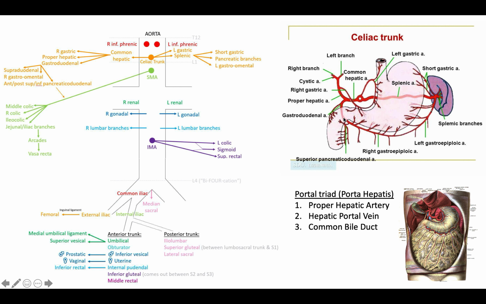Now, since we're at this Y junction, instead of following the greater curvature of the stomach, we will go into the pancreas and the duodenum, and this is called the supraduodenal artery, okay? And here you basically will have a bunch of smaller divisions based on where the pancreas is going. You have an anterior, posterior, and a superior and inferior pancreaticoduodenal.